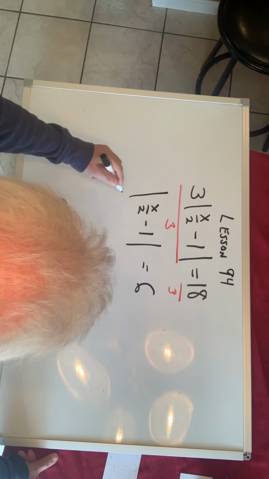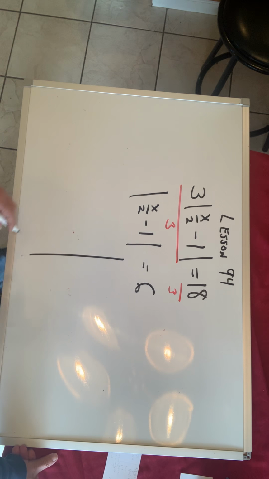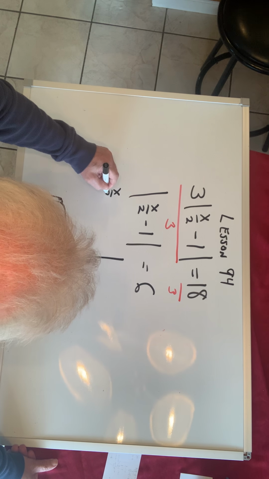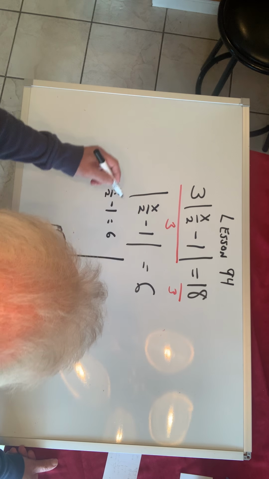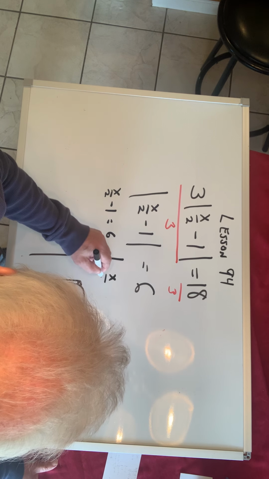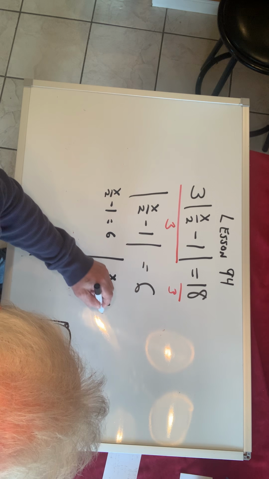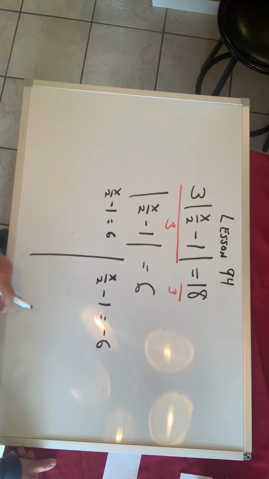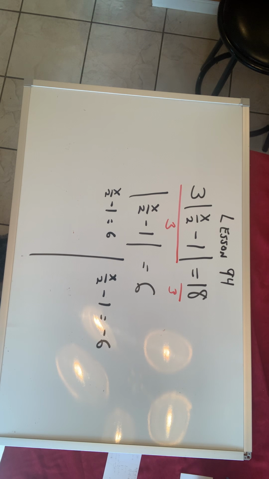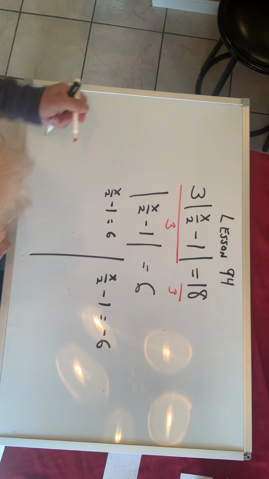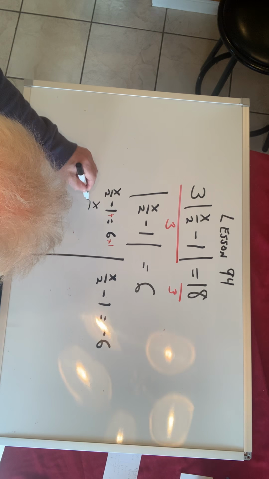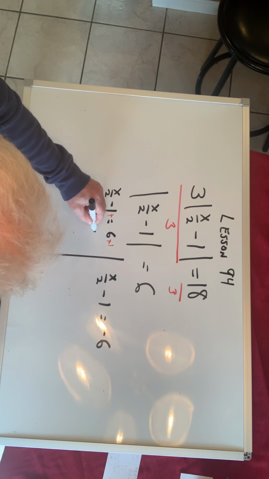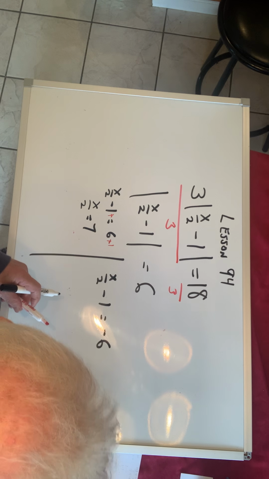Now, here again, we're going to go two completely different problems. x over 2 minus 1 is equal to 6, and x over 2 minus 1 is equal to negative 6. We have to solve both of those. So in this case, we'll just add 1 to both sides. We get x over 2 is equal to 7.